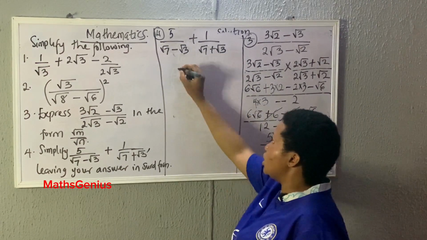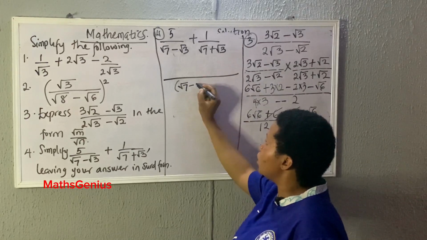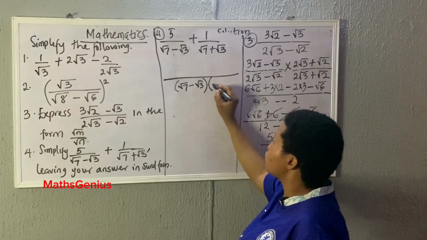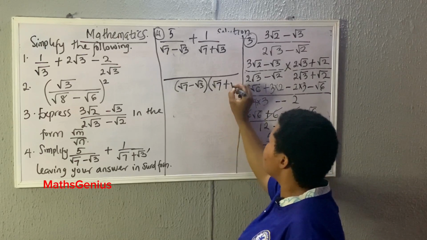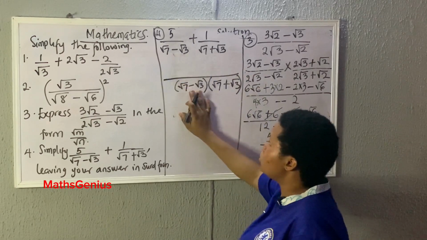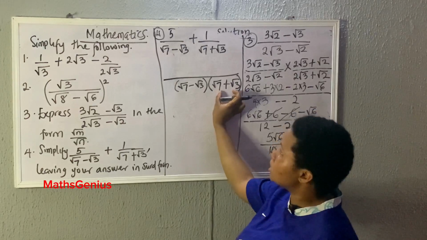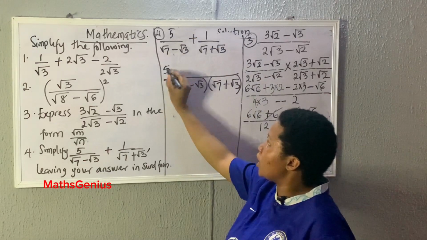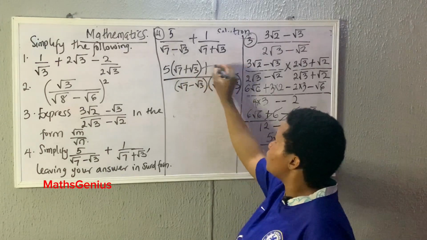But let's take the LCM of this, which is going to have root 7 minus root 3 in one bracket, and root 7 plus root 3 in another bracket. We cancel this part, we cancel this part, and we are left with this. We multiply this with the 5, so we have 5 root 7 plus root 3, plus this one.